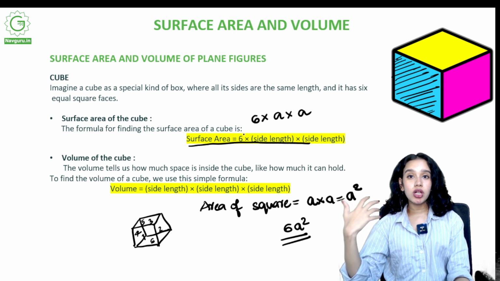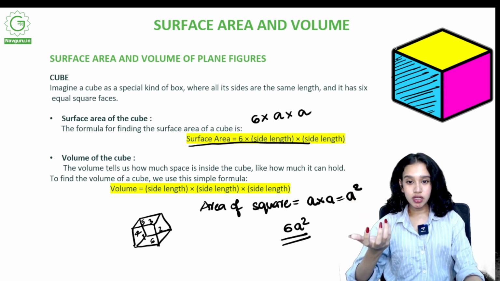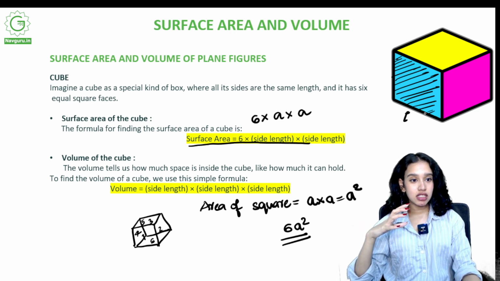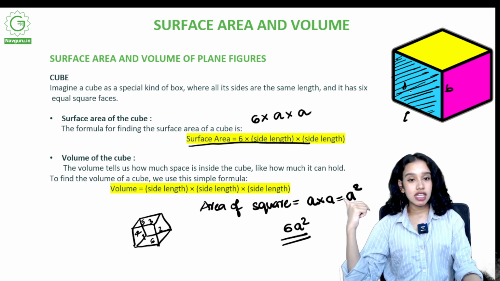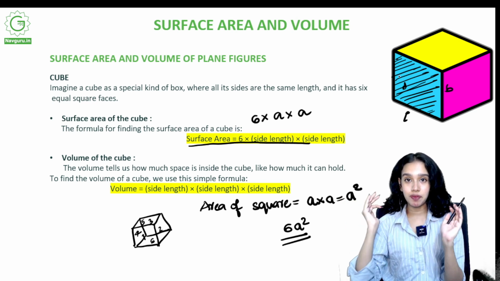Now, what is the volume of the cube? Imagine a cube. The cube would have a length, a breadth, and a height. We could say that all three are the same.